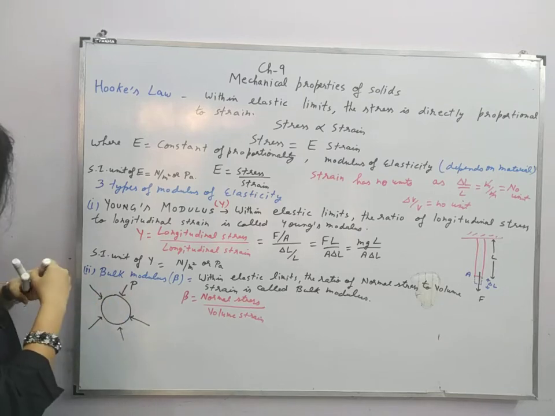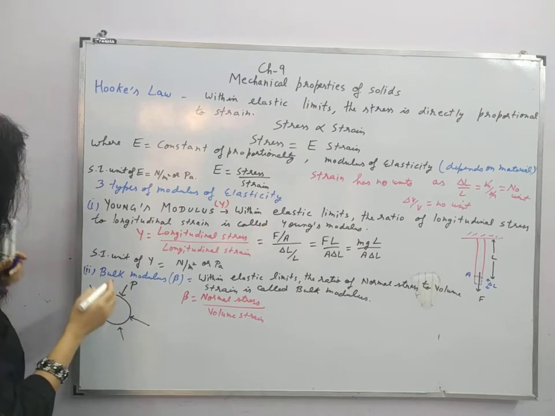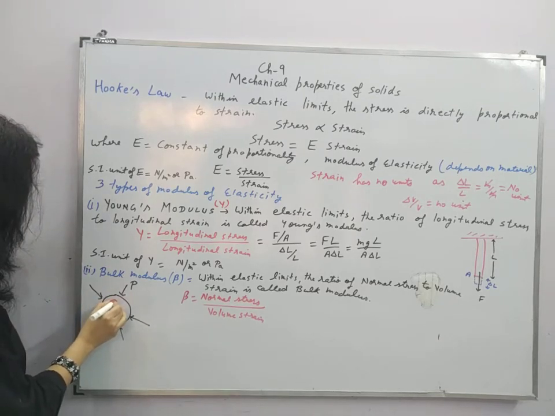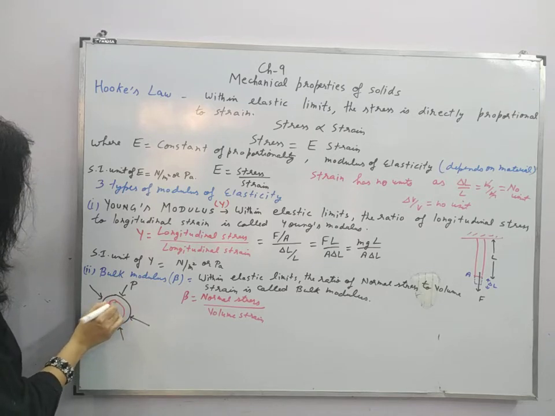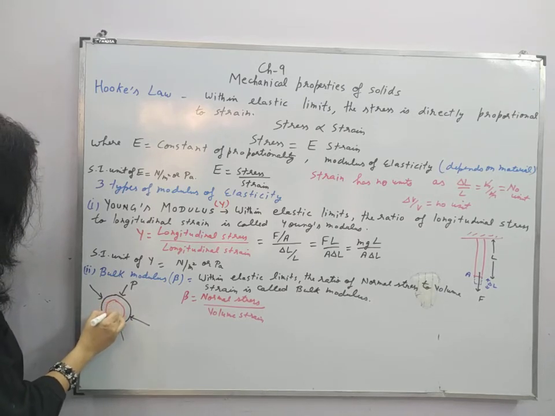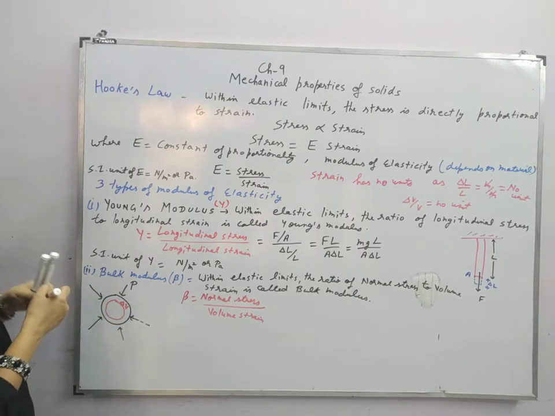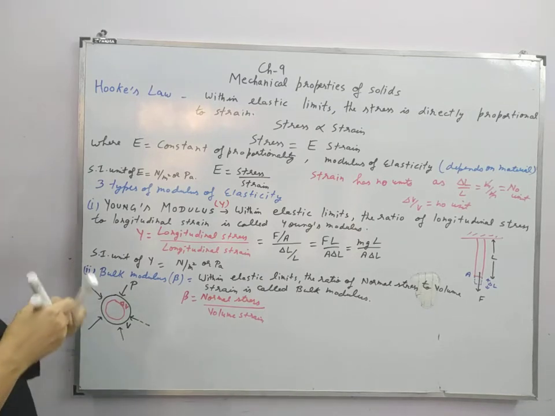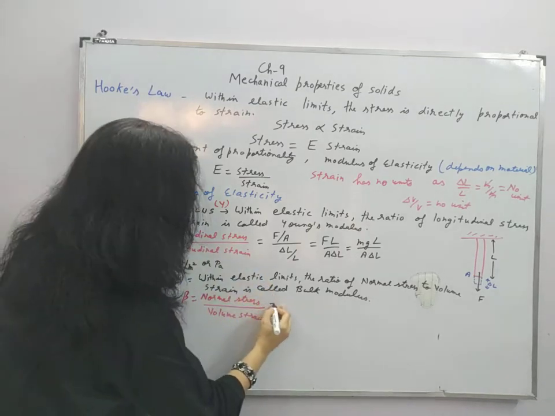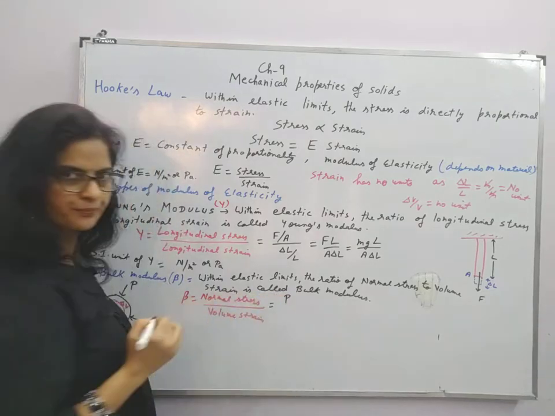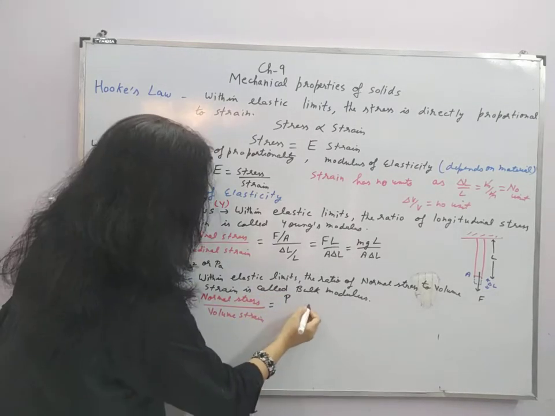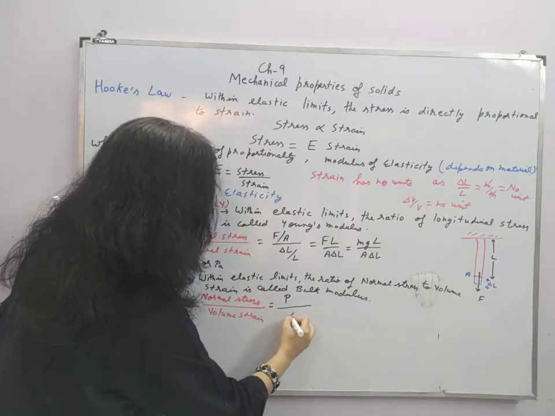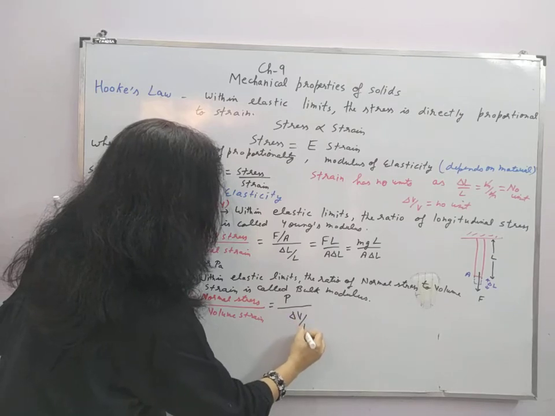So if this pressure is applied, what happens? The volume of the body decreases by delta V. So this change in volume is delta V, and initially the volume was V. So you can write that normal stress is what? It is actually pressure, that is force upon area, and volume strain is delta V upon V.